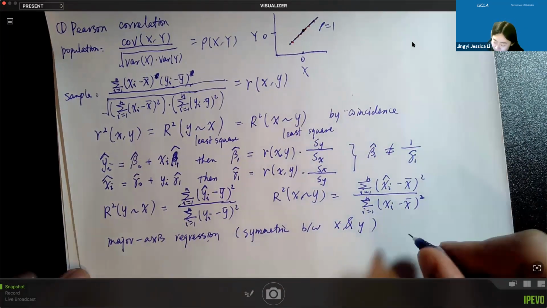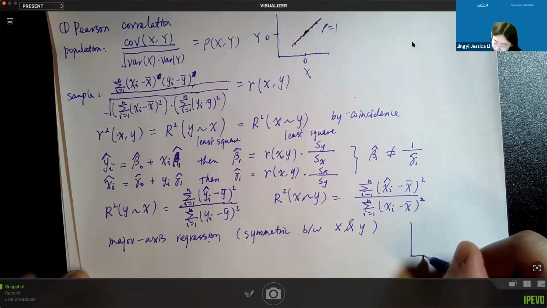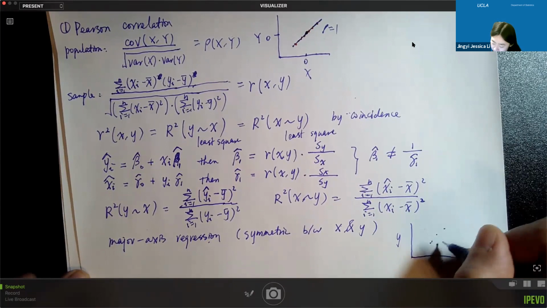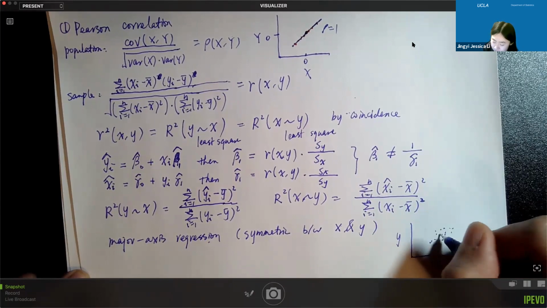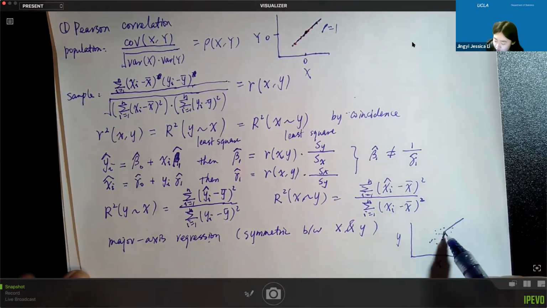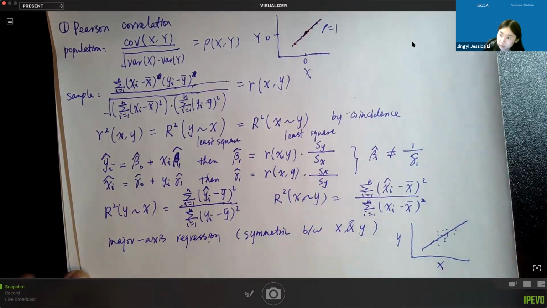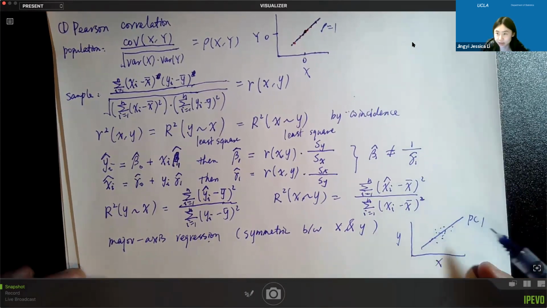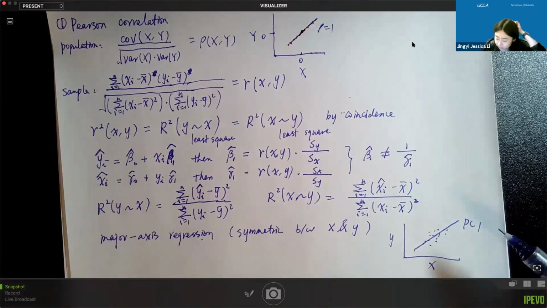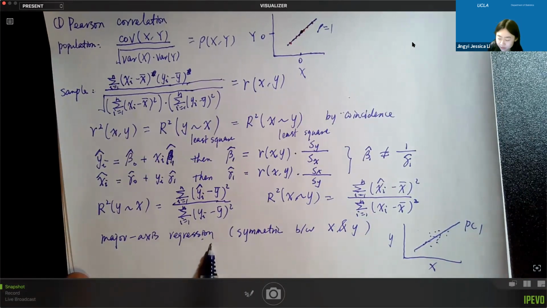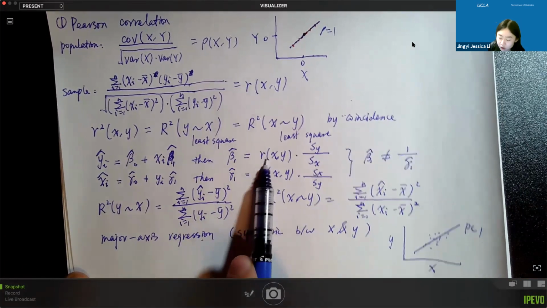So basically what I mean is this. If we have X data here and Y data here, and your data looks like this, then the major axis regression will actually go through the direction of PC1. It's going to be the direction that explains the most variance in your data. The major axis regression line is symmetric because in the slope there is no R at all.